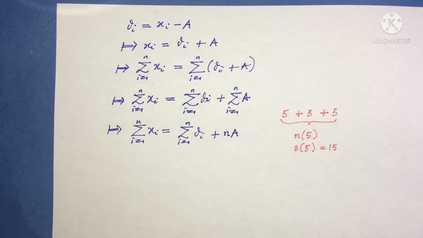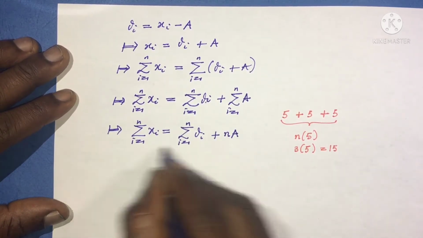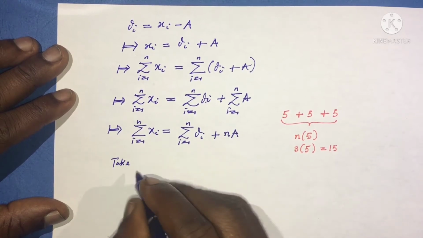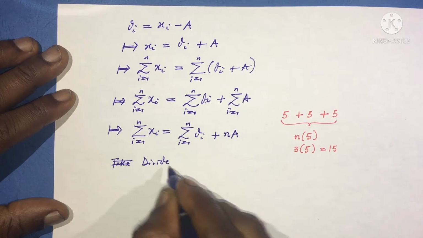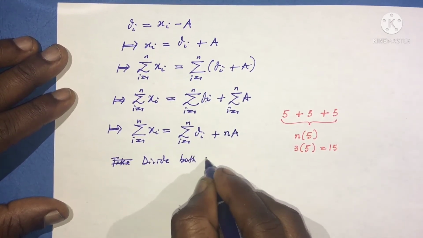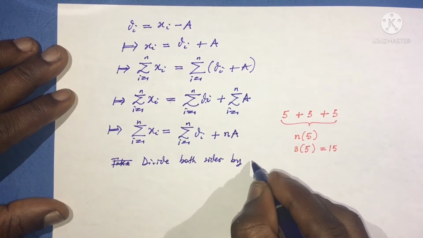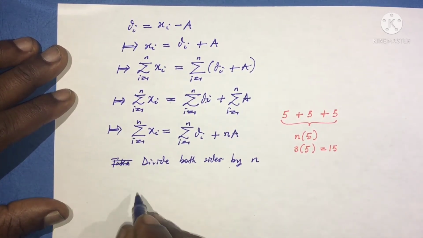Now the next thing we are going to do to this last step is to divide both sides by n.